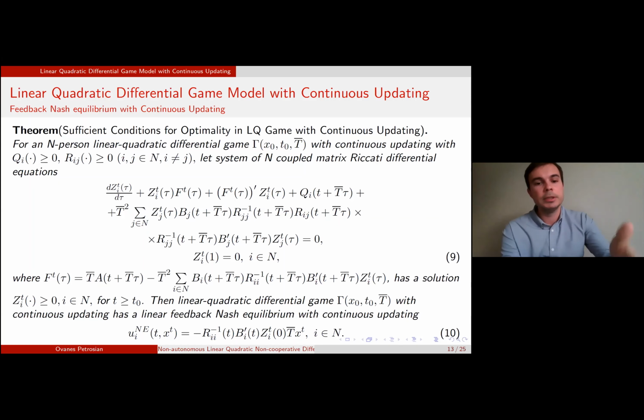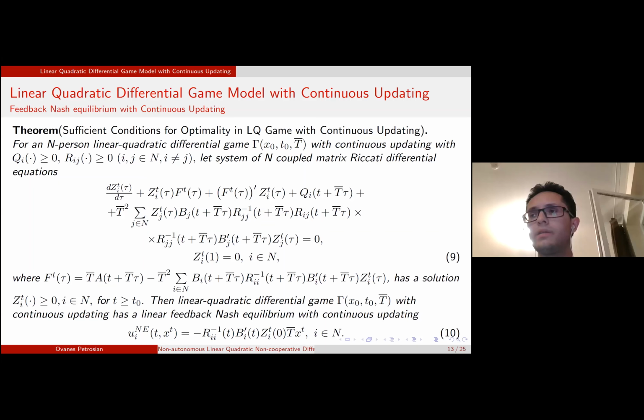But in expression 10, there is only t dash, right? So this is the equilibrium action for any t, right? So even if the number of stages or the time is less than capital T, yes, it's a very good point.